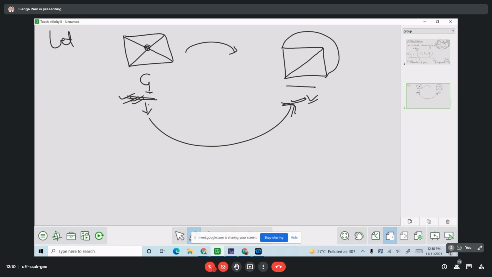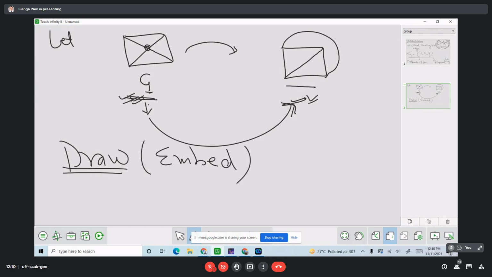So we can draw. Basically, drawing has a special name in graph theory, that is called embedding. What is it called? Embedding. Drawing is embedding. Drawing means this graph is one geometrical representation, and we can draw this graph in this form.